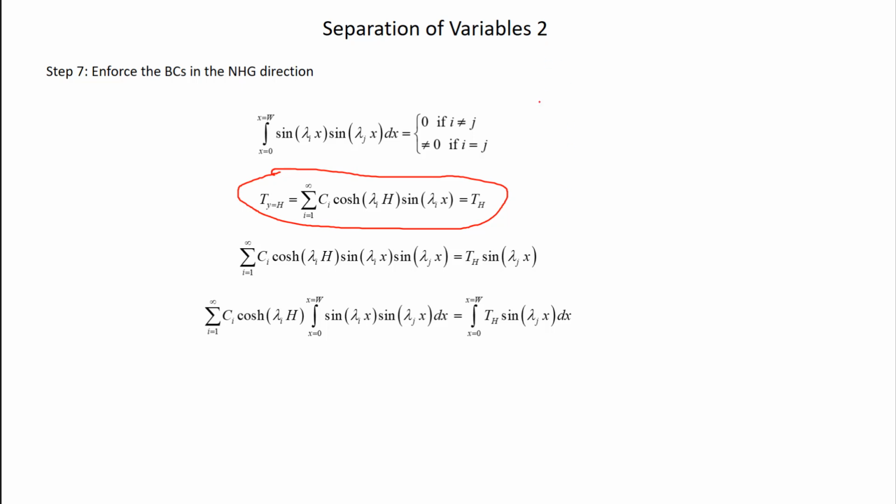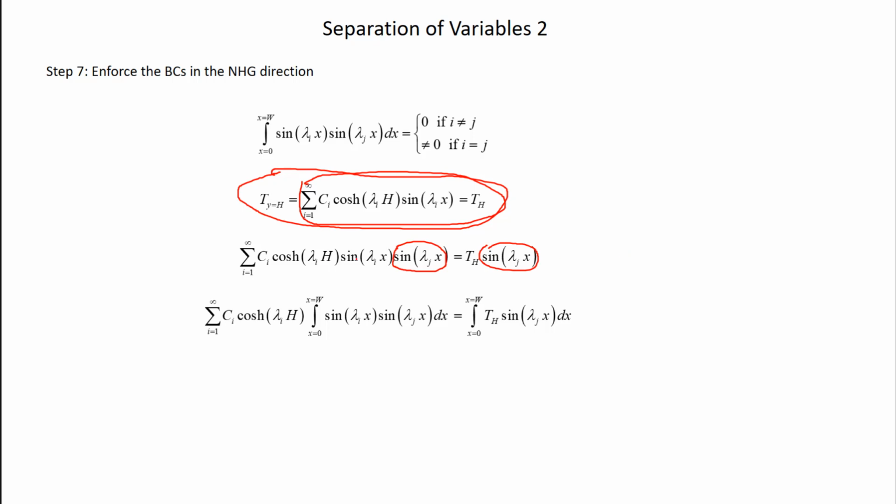So how do I do that? I take this equation here, and I multiply both sides by an eigenfunction. Let's call that eigenfunction the jth eigenfunction. So I'm going to multiply the left side by sine of lambda j times x, and I'll multiply the right side by sine of lambda j times x. No problem. Whatever I do to the left side, I can do to the right side.